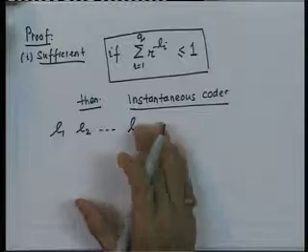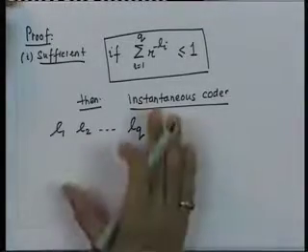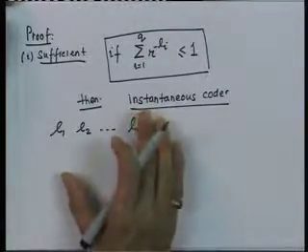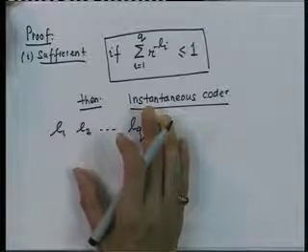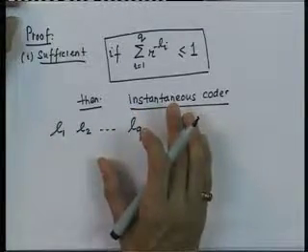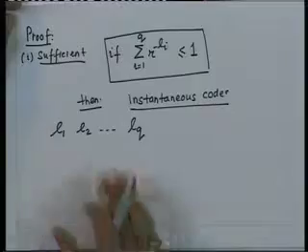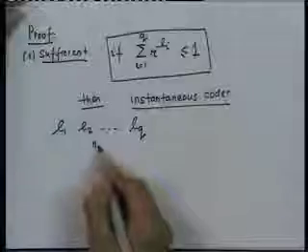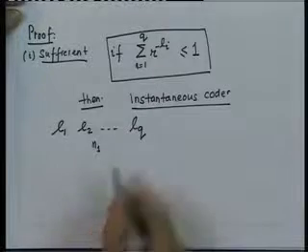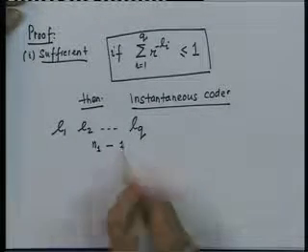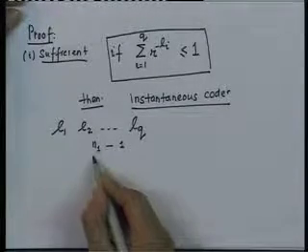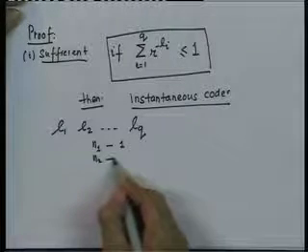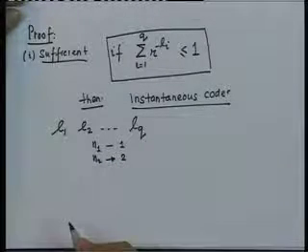Okay. Now, it will be useful for us to consider all the code words of the same length at one time. So, let me assume that I have N1 code words of length 1, I have N2 code words of length 2.